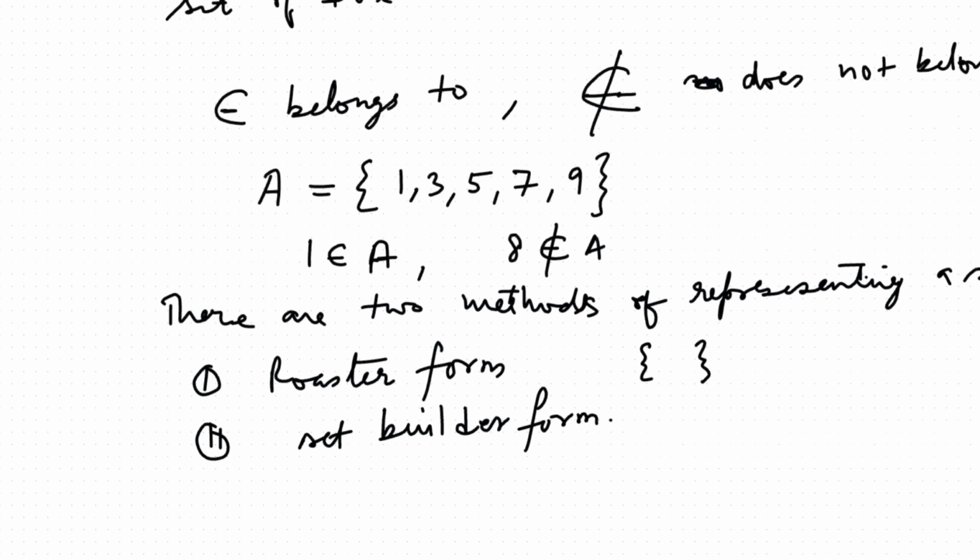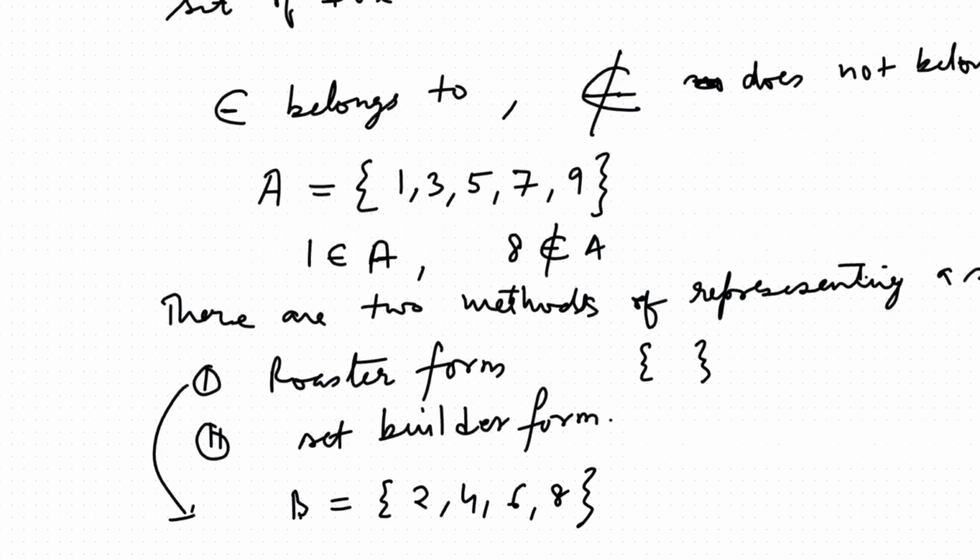A possibly could be 2, 4, 6, 8. Suppose we want a set of all even numbers less than 10. This set could be represented as B in a tabular form or a roster form like this. So we put these braces and write all the elements inside it.